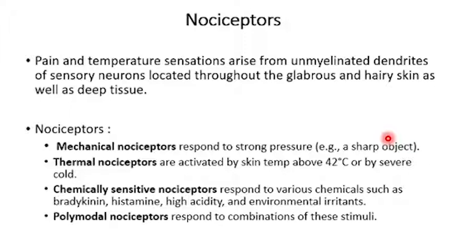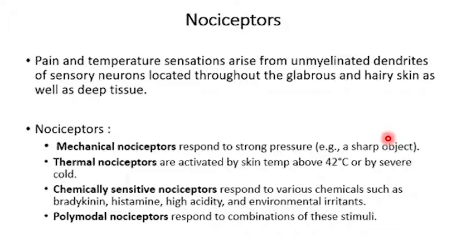We have the thermal nociceptors, which are usually activated by temperatures above 42 degrees or by severe cold, normally less than 35 degrees. We also have the chemically sensitive nociceptors, which respond to irritants such as bradykinin, histamine, and high acid levels. Some receptors combine all 3, so they're referred to as being polymodal.